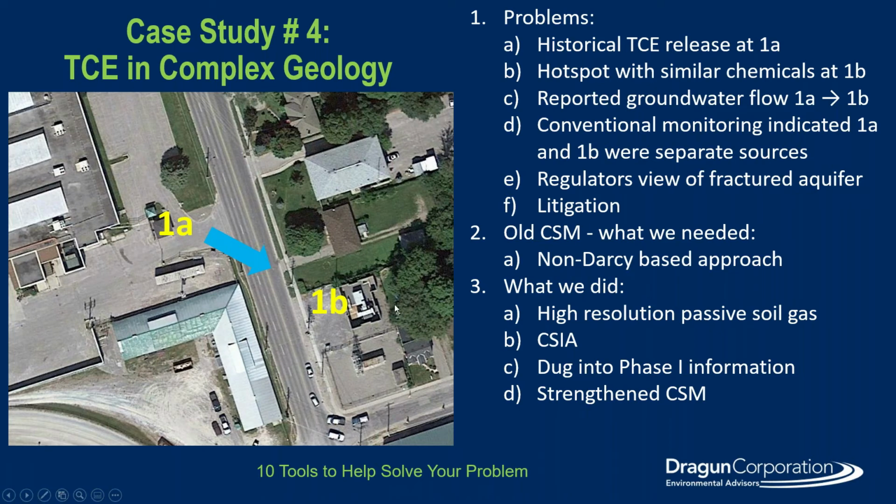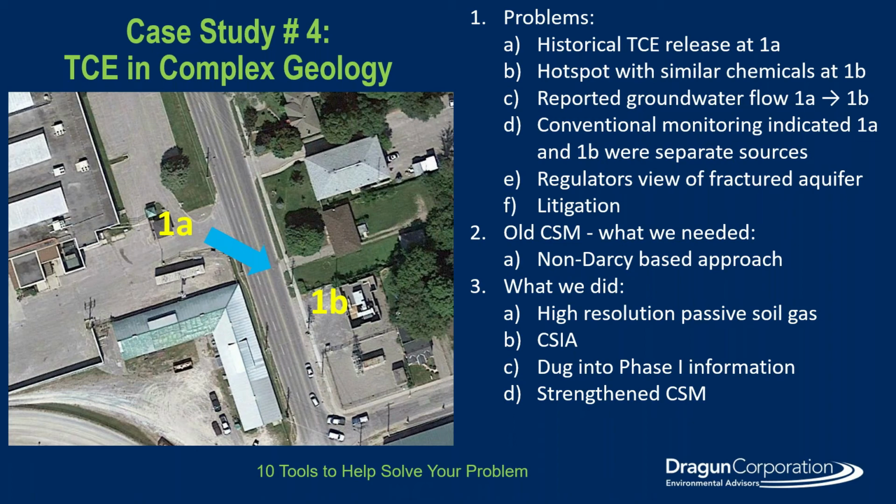The problem was a phase one that was done here at 1B showed that the soil had no impact. So we dug in to that phase one and tried to figure out where the disconnect was. And it turns out when they built the building at 1B, they scraped all the soil away and brought in clean fill. So that explains why there could be groundwater contamination, but not soil contamination.